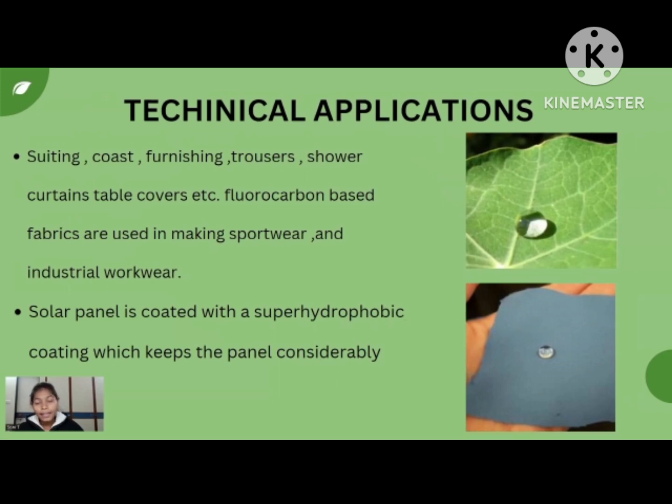The technical application of the Lotus effect was widely used in shoes, coats, furnishing, trousers, shower curtains, table covers, etc. Fluorocarbon-based fabrics are used in making sportswear and industrial workwear.